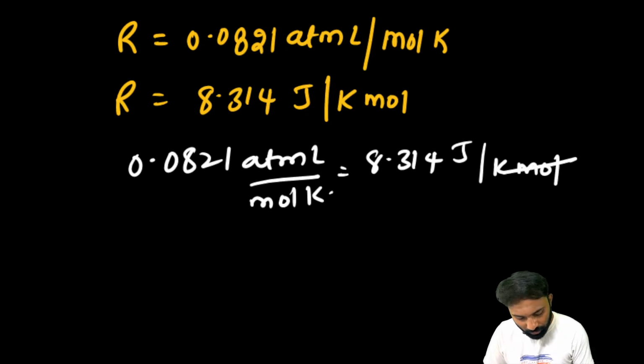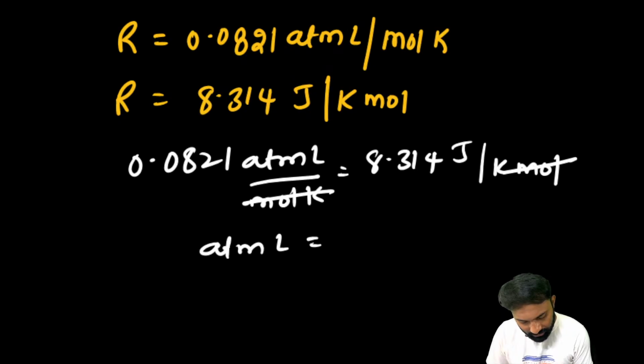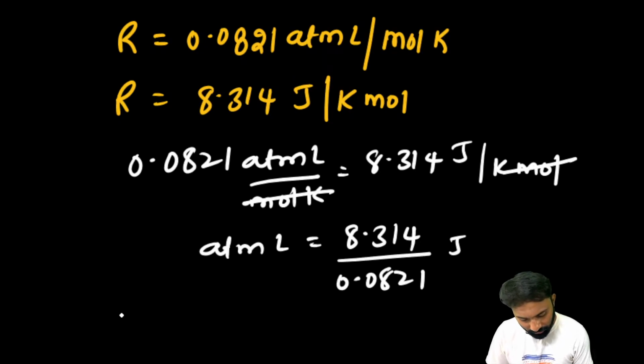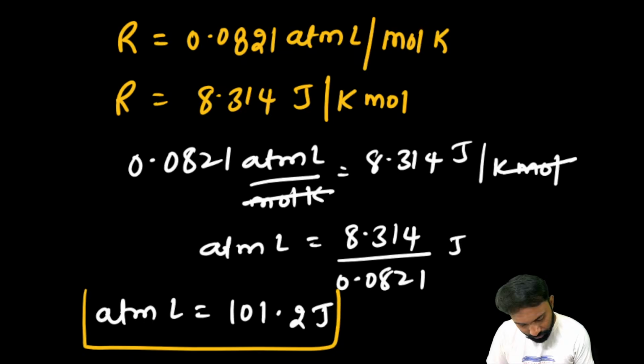Now Kelvin mole will be cancelled. If I take 0.0821 to the left hand side, ATM liter is equal to 8.314 by 0.0821 joules. If you divide that, you will get ATM liter is equal to 101.2 joules. This will play a very crucial role.